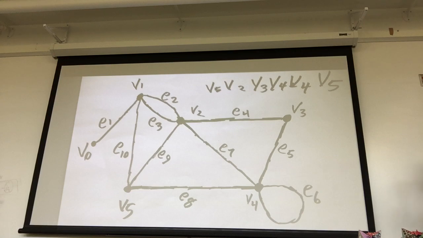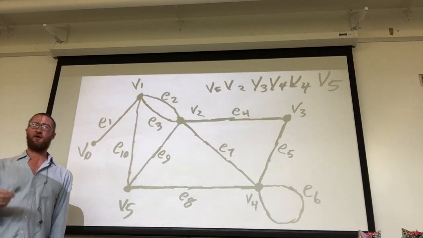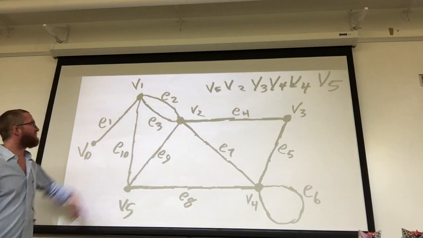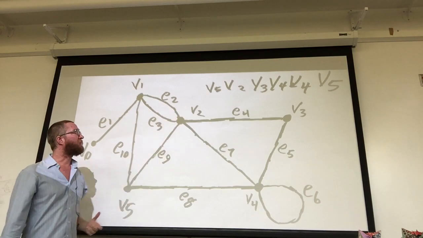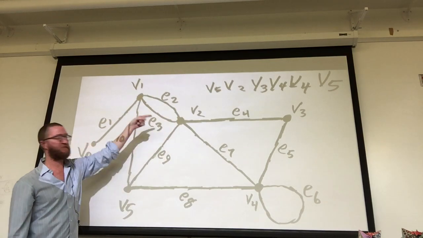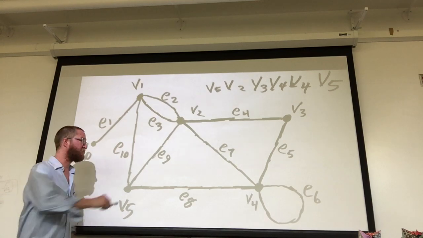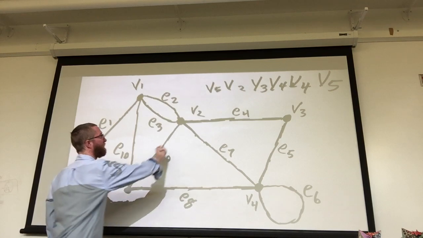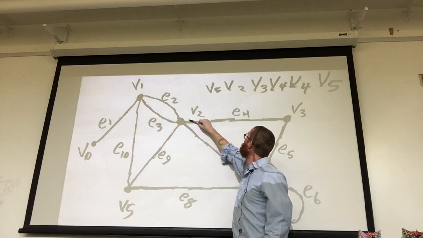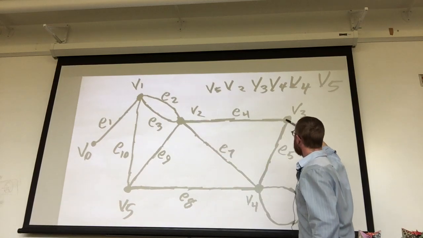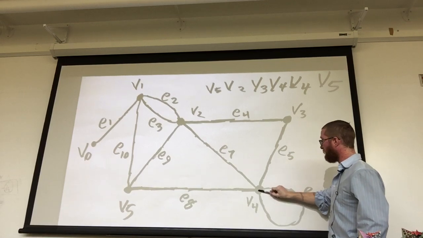Okay, so what would this path look like? The reason there's some ambiguity whenever you talk about not incorporating edges is that if I said from V1 to V2, I don't know which edge I'm picking. But on this one, if I say from V5 to V2, there's only one edge. So I'm going from V5 to V2, then from V2 to V3, and then from V3 to V4.